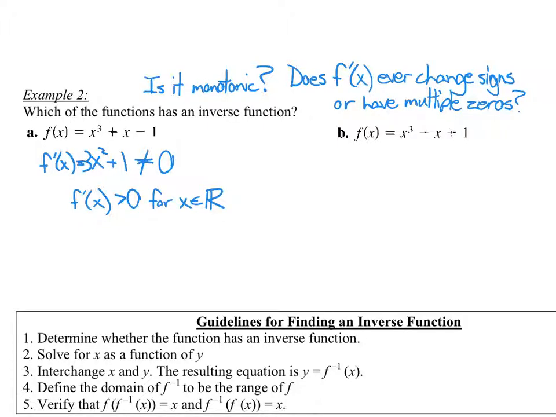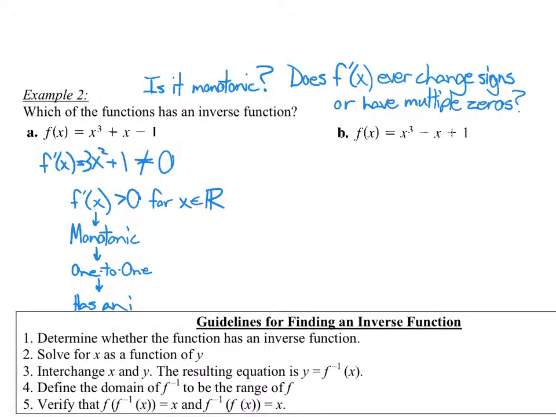So, does it have an inverse? Yes. That means it's monotonic, which means it's 1 to 1, which means it has an inverse.